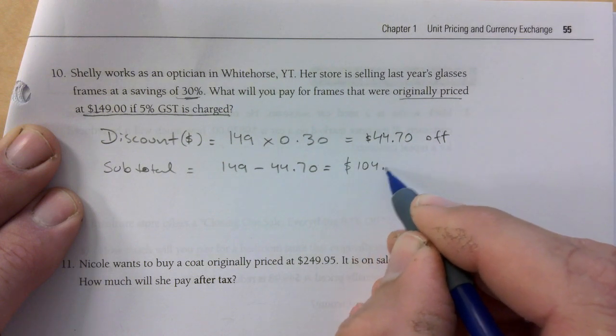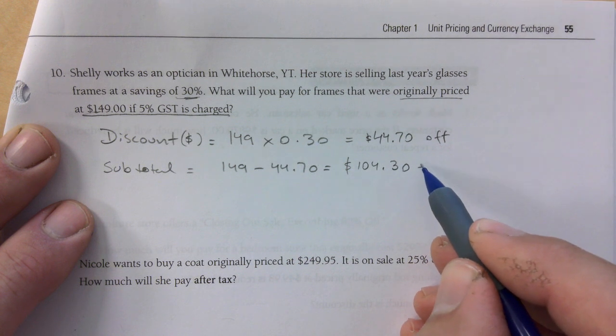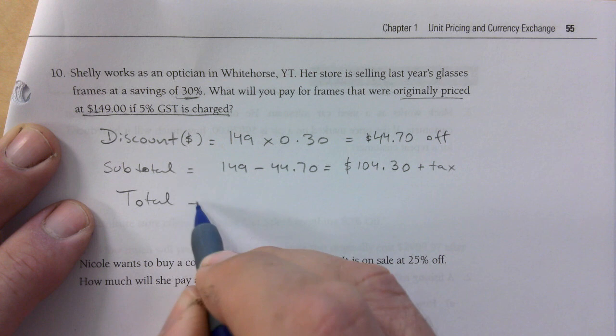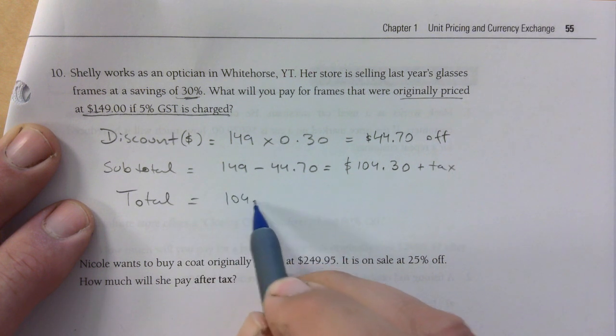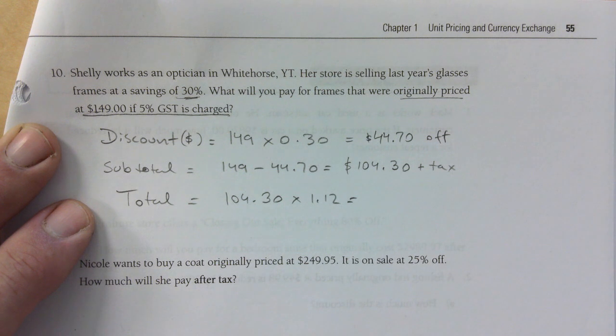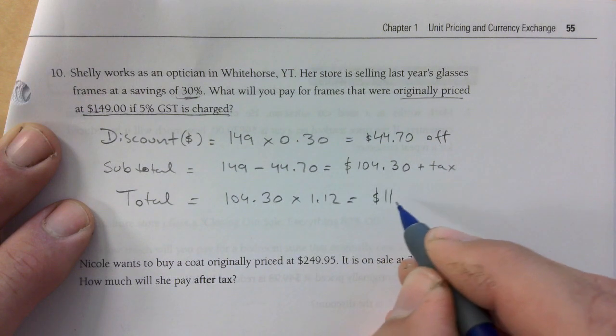That's 104.30. And we have to add taxes to that. So total would be 104.30 multiplied by 1.12. And that's 116.82.